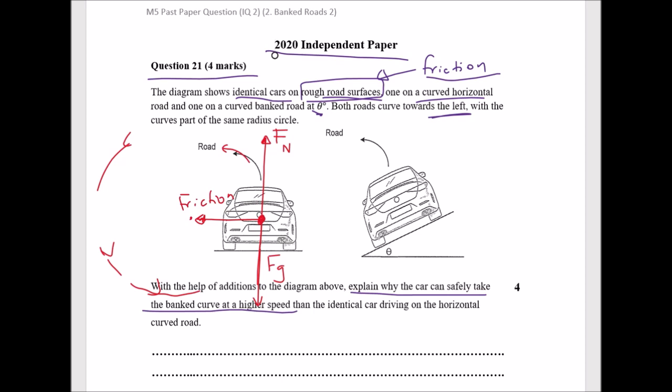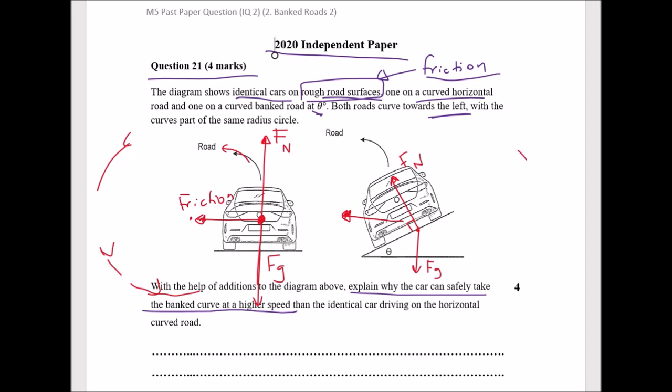The second one, we have a car. We have the weight force down here. We have the normal force that's acting 90 degrees to the surface, so that's F normal. And then we have the centripetal force, or the force component of Fn.